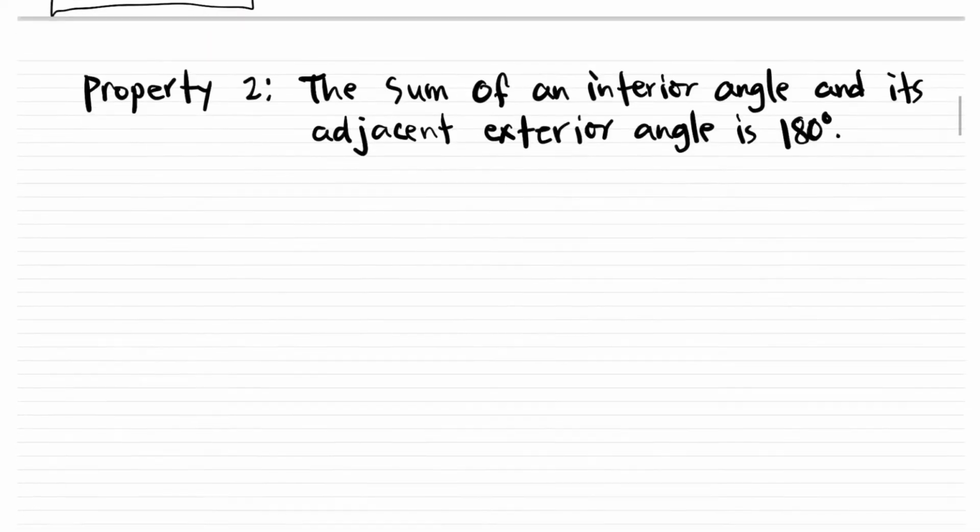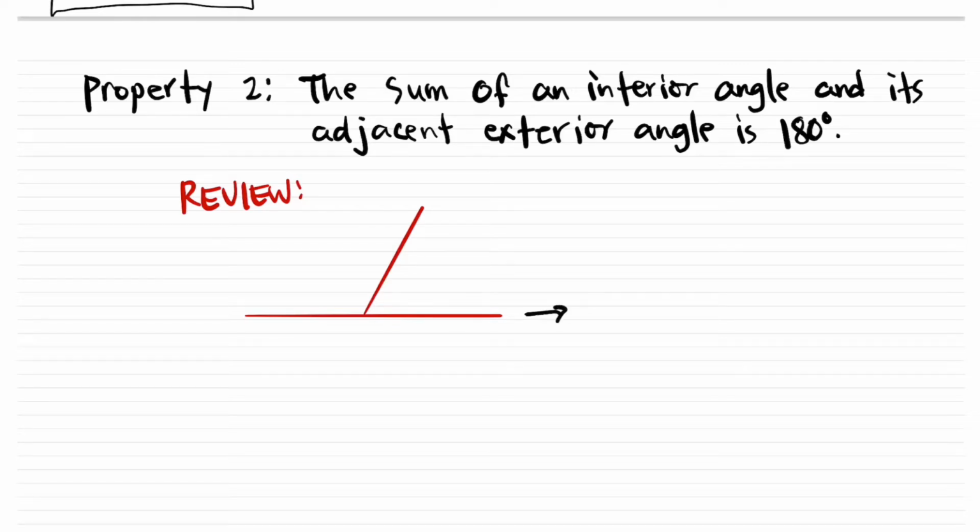Alright, so before we do that, let's review first. If I have one line and they are perpendicular, the sum of this straight line is equals to 180 degrees.